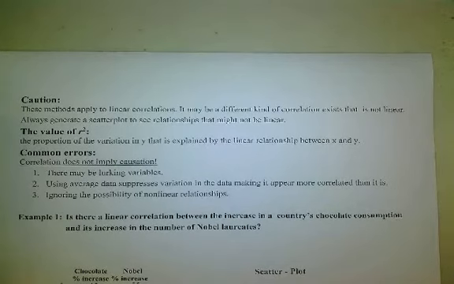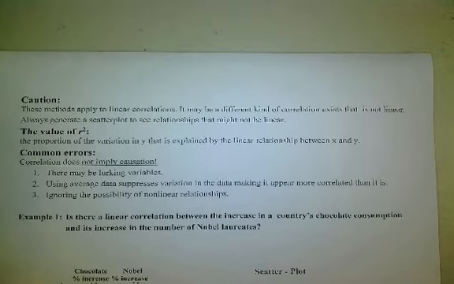There are some common errors despite all of this, which is that even though you have a correlation, it does not mean causation. It does not mean that x causes y or y causes x. For example, there could be lurking variables in which both x and y are the result of some other factor that has not been taken into consideration.